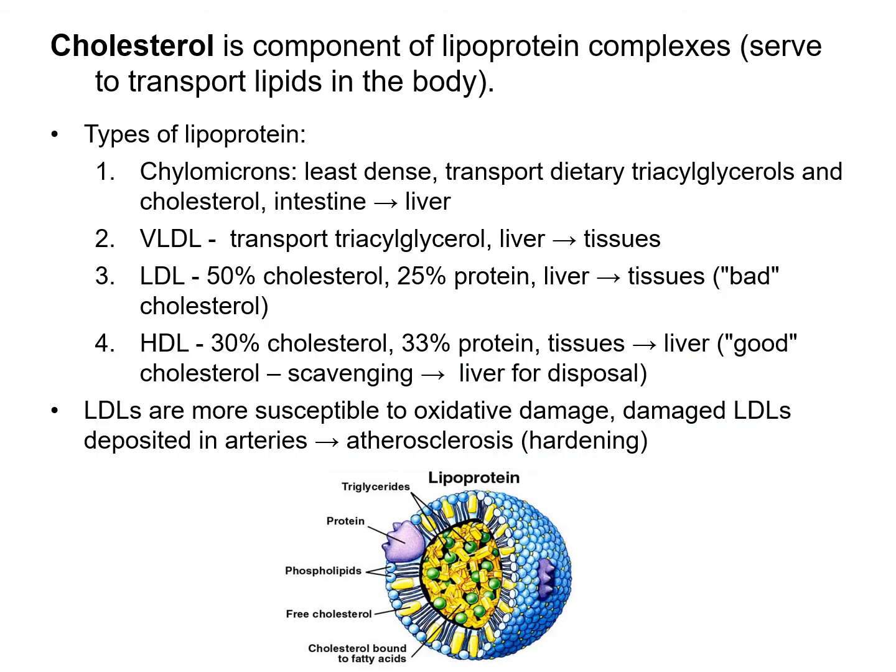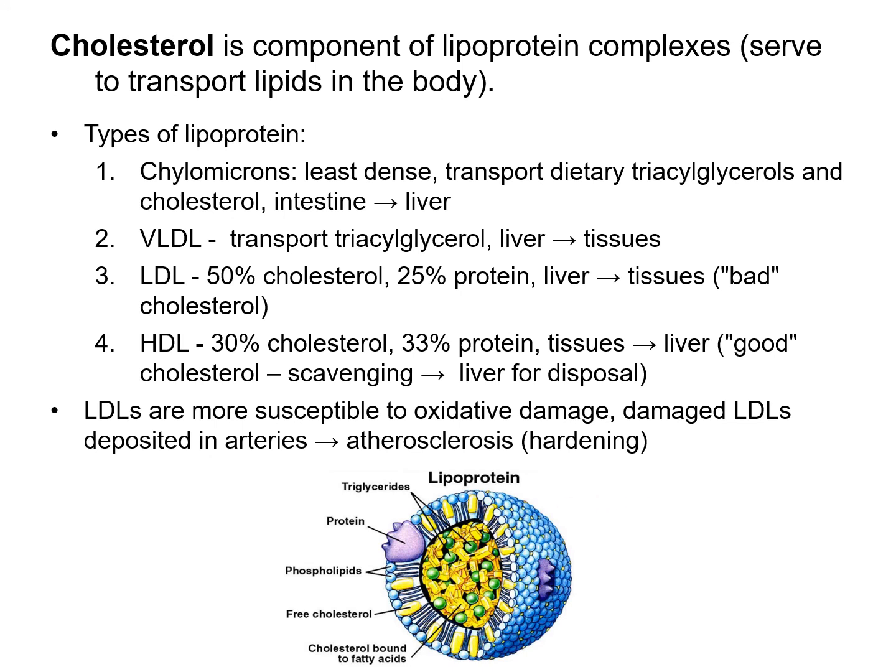Cholesterol is a component of lipoprotein complexes, which serve to transport lipids in the body, which is an aqueous condition. The lipoprotein, which consists of proteins, phospholipids, and some other lipids, makes a micelle-like structure and encapsulates other lipids such as triacylglycerols, or triglycerides, which are the same thing, as well as some other glycerols and fatty acids, to other locations.